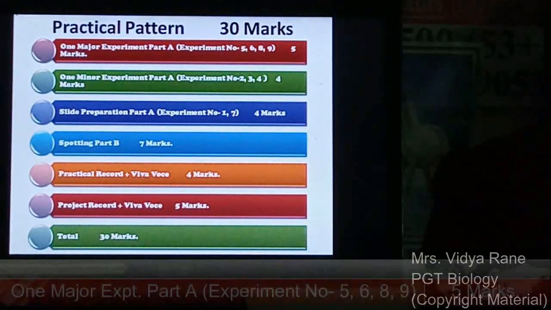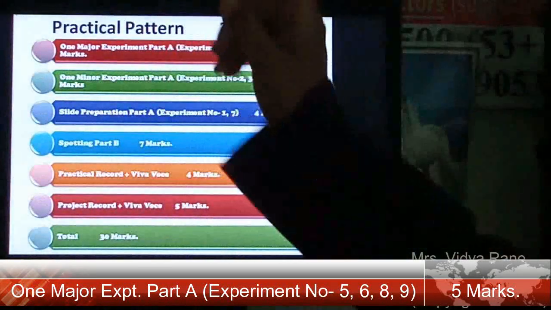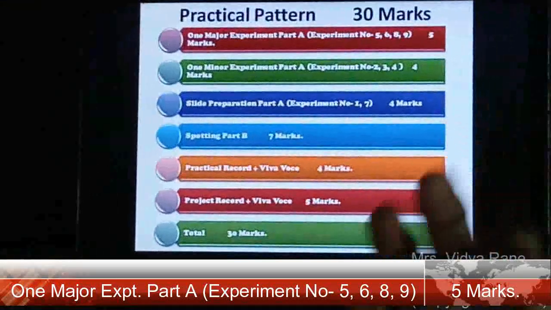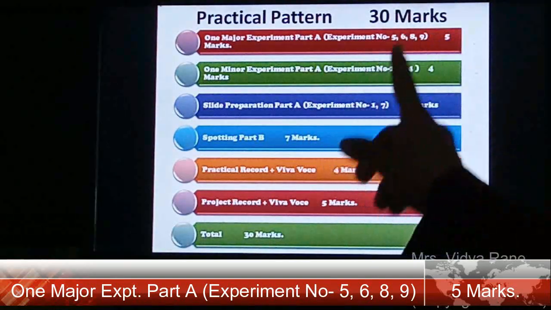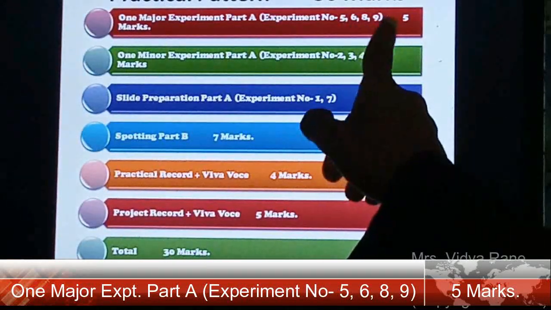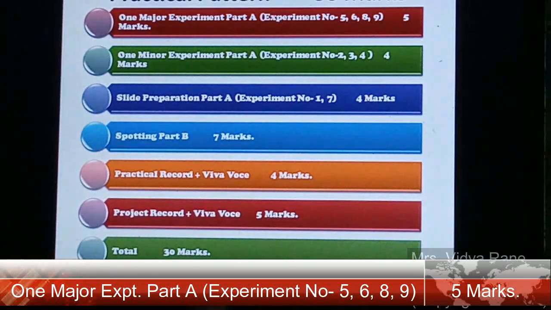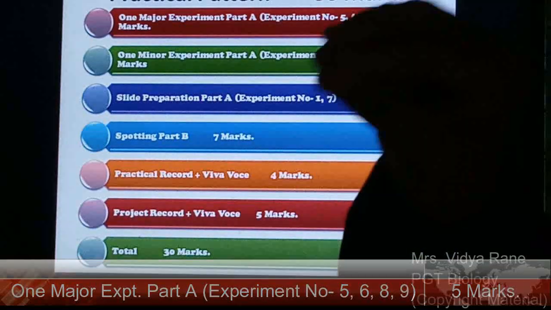It will be asked from your part A, and for the major experiment, the experiment numbers are given: experiment number 5, 6, 8 and 9. Only these 4 experiments are there. From these 4, any one will be asked for the major experiment for 5 marks.